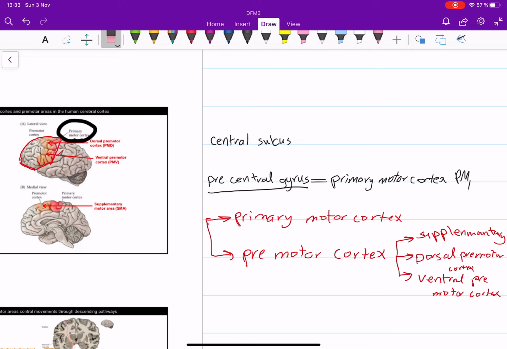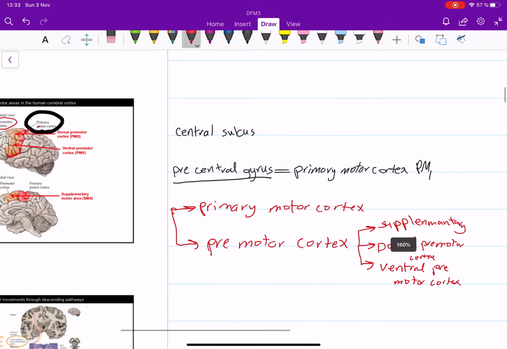So at the end of the frontal lobe we have the premotor cortex, at the front of the primary motor cortex.